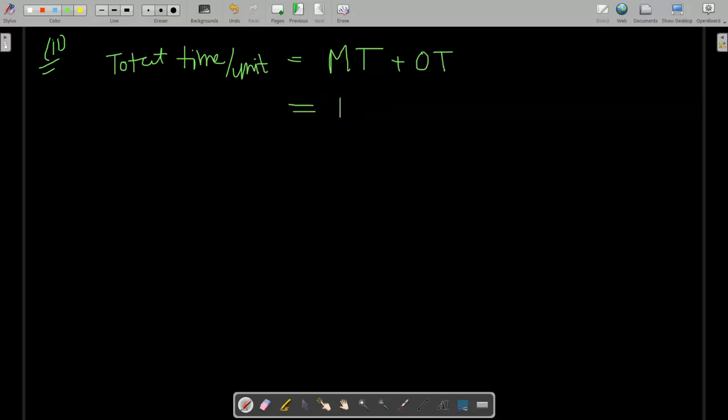Machining time is 19.8 minutes plus operator time 8 minutes, so the total time is 27.8 minutes per unit. So by interpolation, in 27.8 minutes one unit is produced.